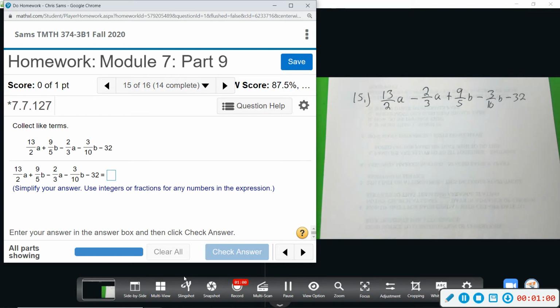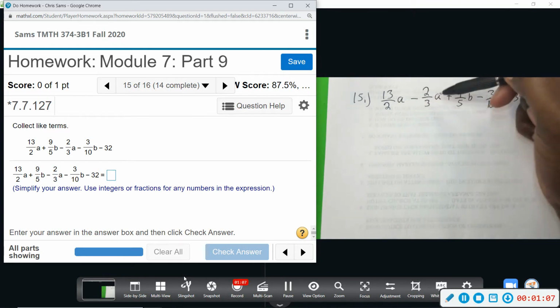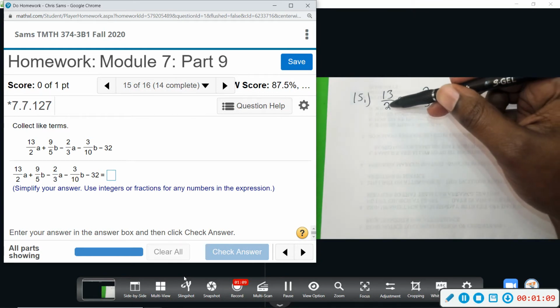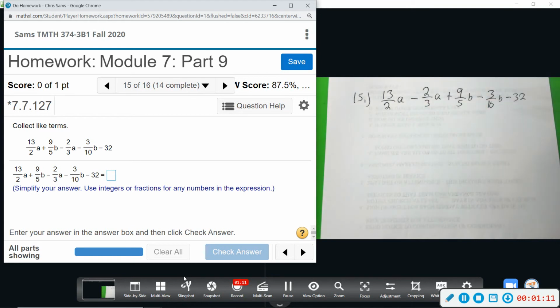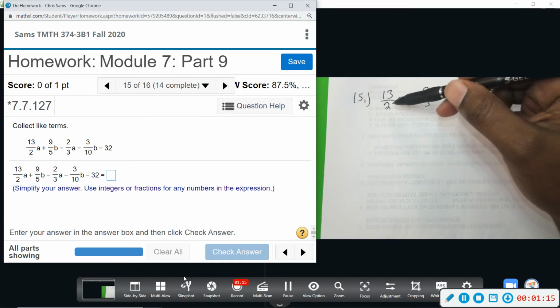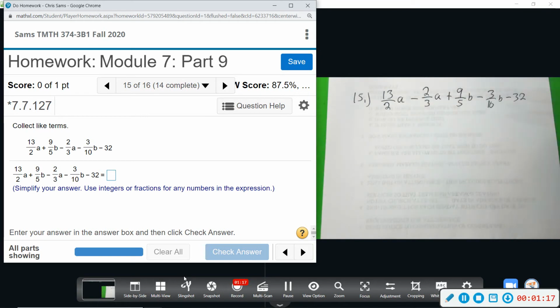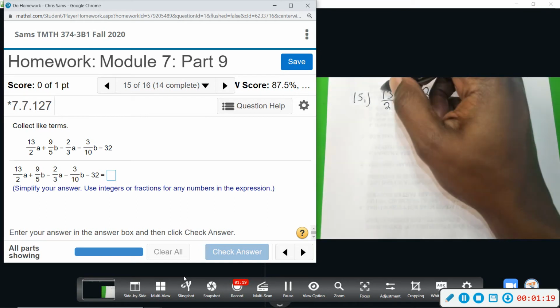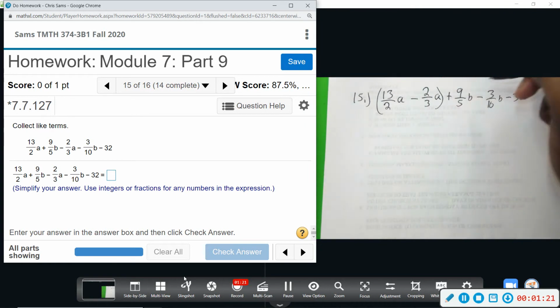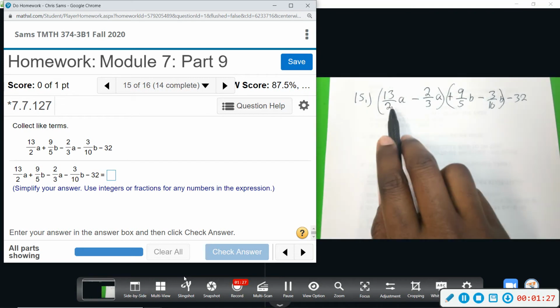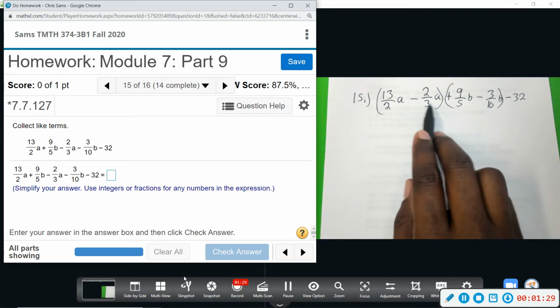All right, so I need to get common denominators with the ones that have like terms. So the a's, they have a 2 and a 3 on the bottom. So if I want those to be the same, 2 and 3 will give us 6. So I'm going to look at it like this, doing these two together, doing these two together, and that doesn't have a like term. So the easiest process is just to multiply the denominators together.